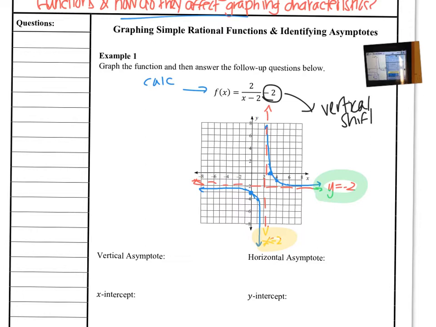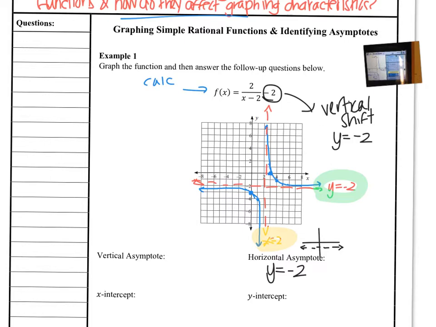And it's telling us, hey, shift this graph down 2. So we know that at y equals negative 2, we have an asymptote. That's what this is called, an asymptote. And it's horizontal because when we go to y equals negative 2, that line gets plotted horizontally. Okay, I know that part can be confusing.